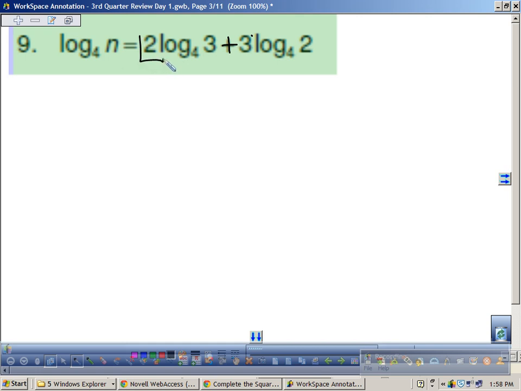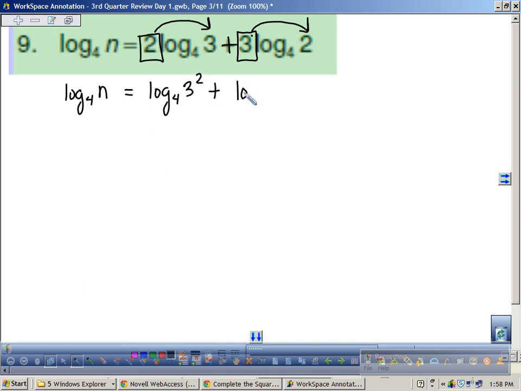I also have coefficients out here. What property could I use for those coefficients? I bring them up to here, right? That one's called the power property. Remember that? Let's do that one first. Log base 4 of n equals log base 4 of 3 squared plus log base 4 of 2 cubed. That was the power property.